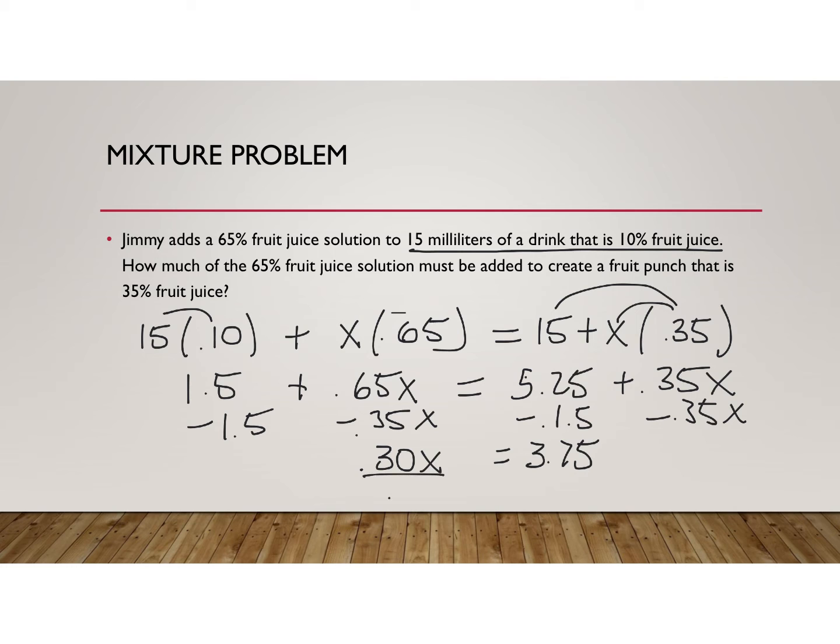And then doing my division, dividing both sides by 0.3, bear with me here a second, gives me 12.5, and that would be milliliters of that 65% solution.